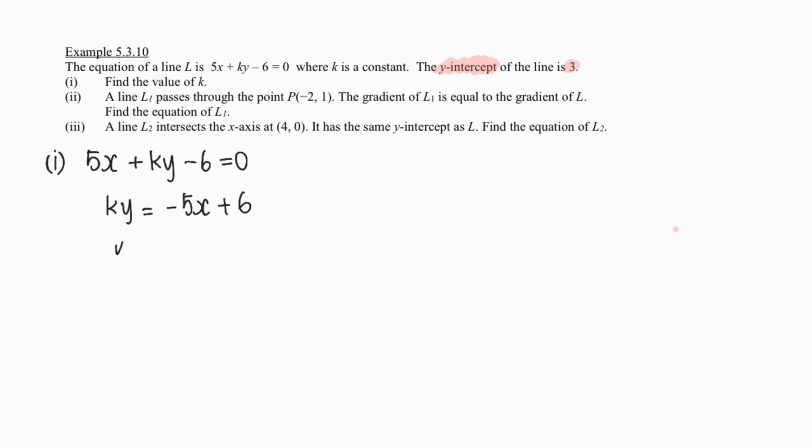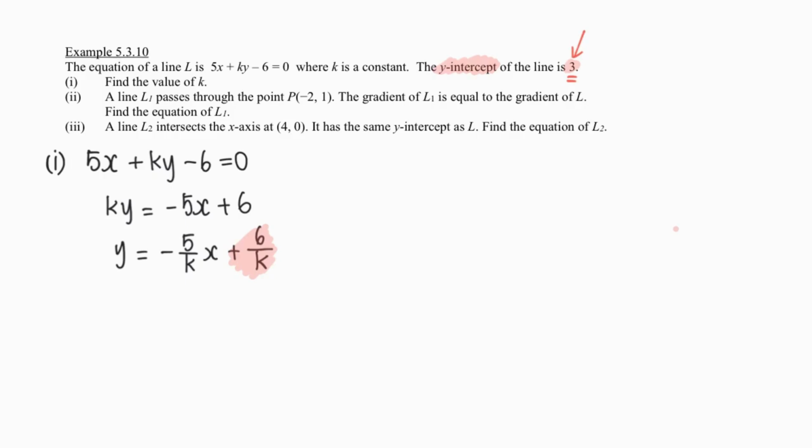Divide by k throughout. And from here, the y-intercept is 6 over k. I know the value, they just give us here, 3.